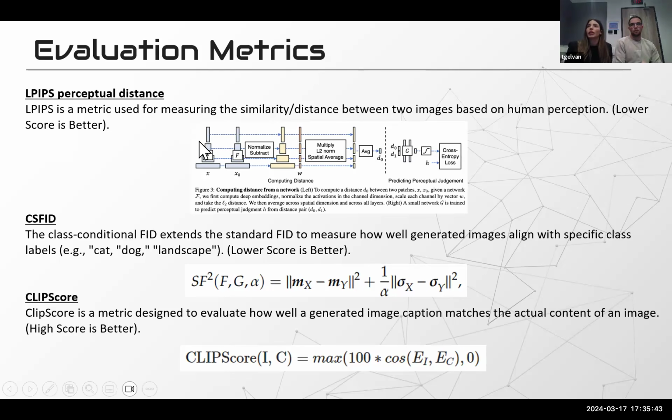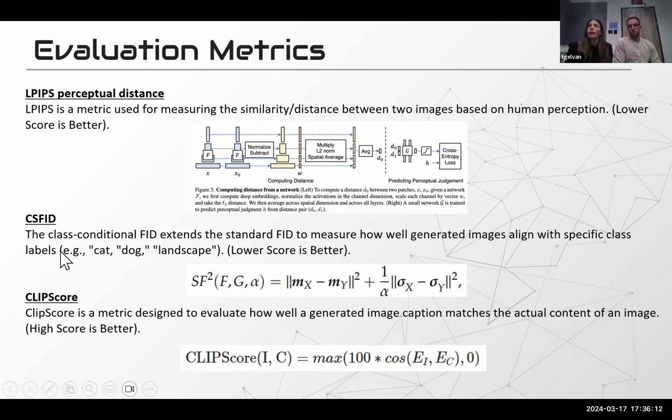The main idea is actually feeding two images into a CNN or other networks. I use their feature maps. I normalize within the channel dimension. Then I scale using a w vector, and I compute the L2 norm of the two images, and this is my distance or similarity measure between the two images.